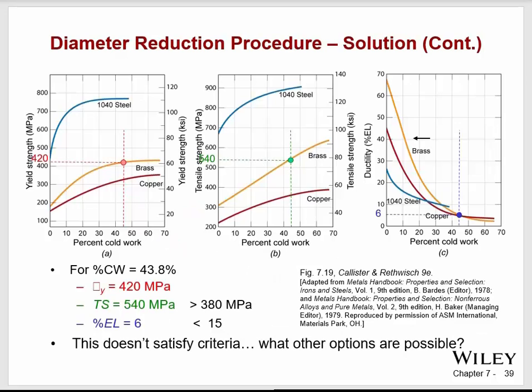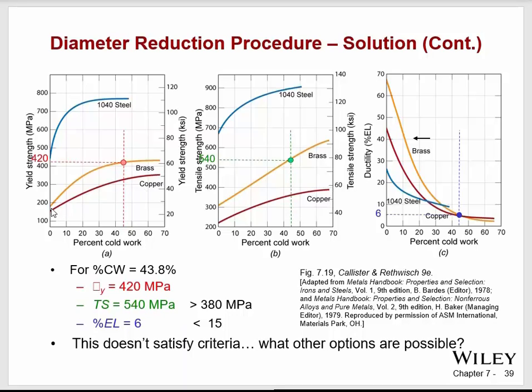Here's why. Let's look at these diagrams, and this is actually diagram 7.19 in your book, so you can use this for these three materials: copper, brass, steel. Notice that the copper graph is the same graph that we saw in a previous slide, but now we've added 1040 steel and brass.